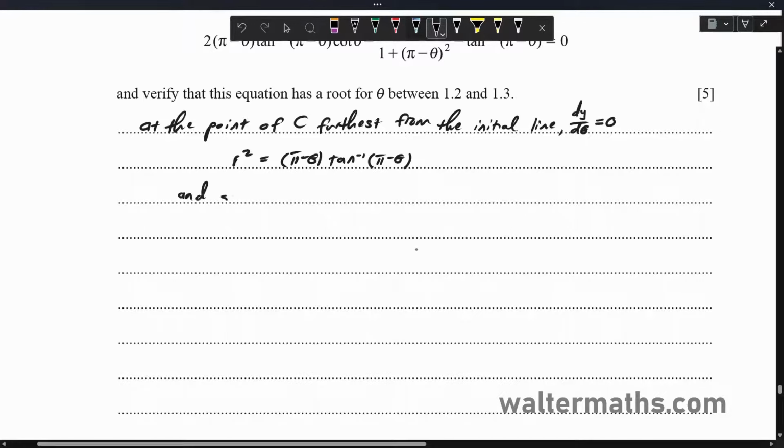And we know that y is equal to r sine theta. Okay, because you know how we would want to express this equation to be y in terms of theta.